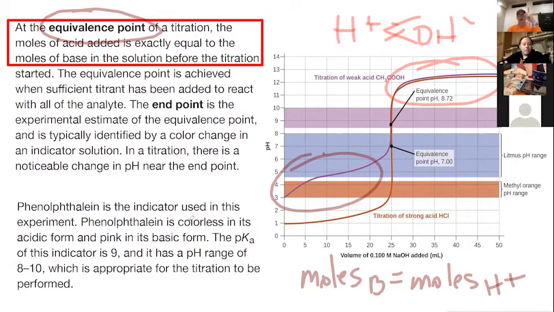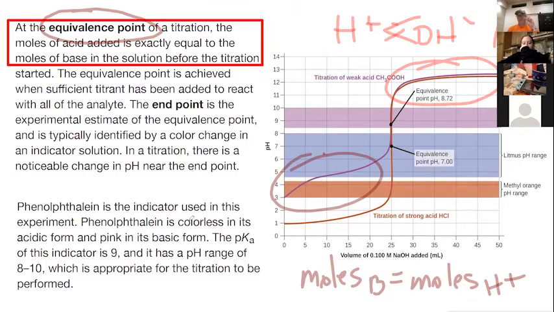So the pH dramatically goes up, because if you remember, the pH is a log scale, and we're dealing with really, really small concentrations, like 10 to the minus 9 and 10 to the minus 8. Those are really, really small concentrations.